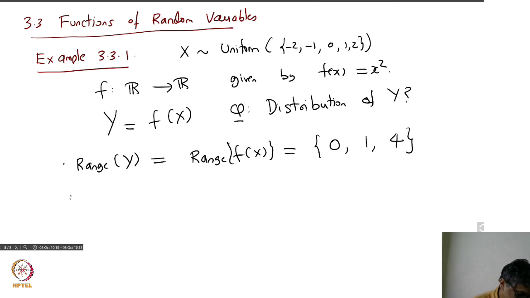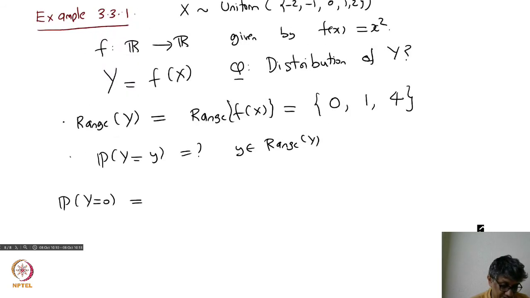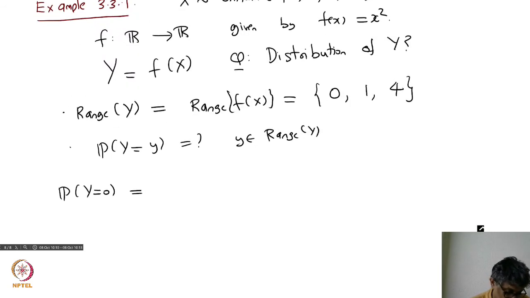Then our next thing is to find the distribution of y. I have to find the chance that y is equal to y for every y in the range of y. So how do I do that? y has 3 values. The chance that y is equal to 0 happens in only one case: when y is 0, x squared is 0, and that's the same as saying x is 0.